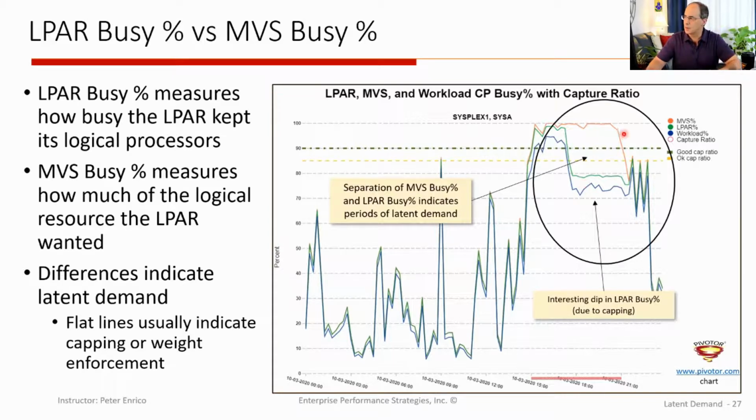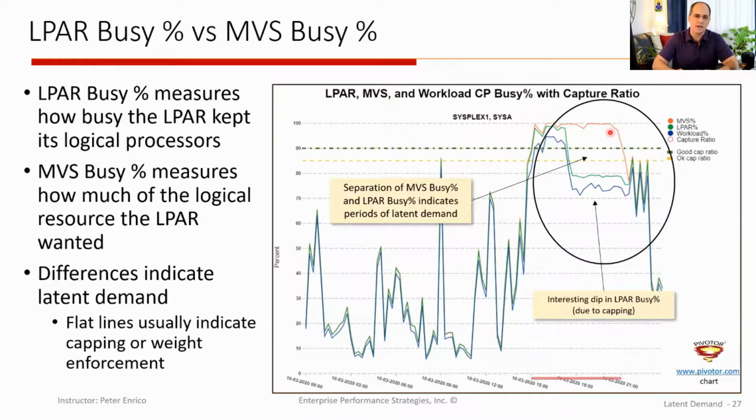But then the other number we're interested in is this MVS utilization, which is a sort of controversial utilization, because it's not really a utilization. What it really is, is the percentage of the measurement intervals that the LPAR went into what we call involuntary waits, or what we call time to wait.